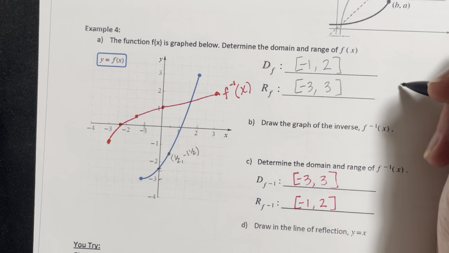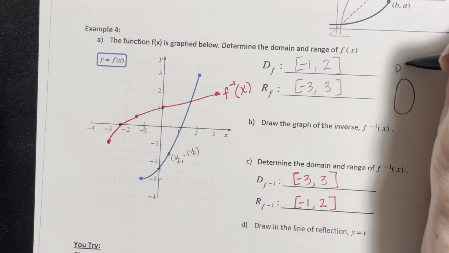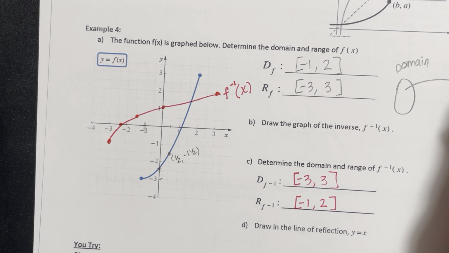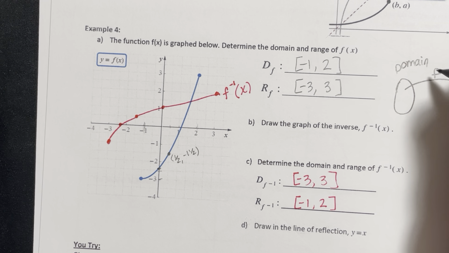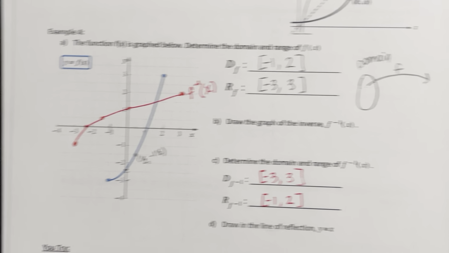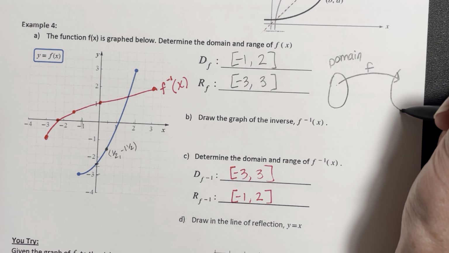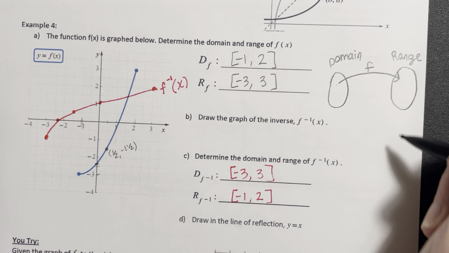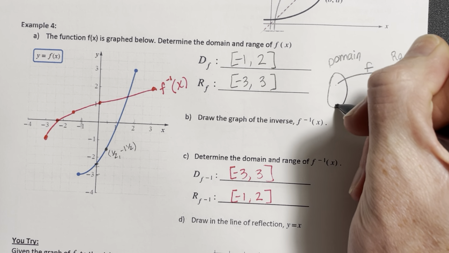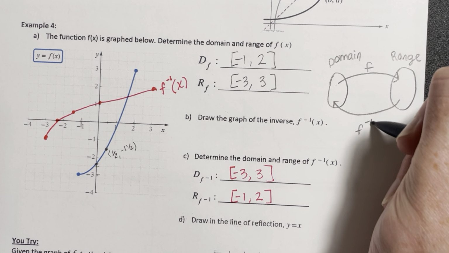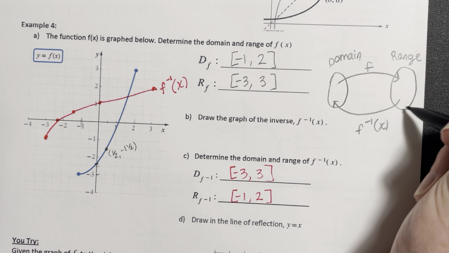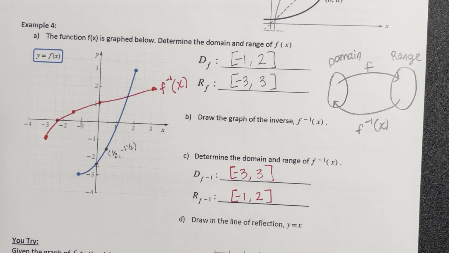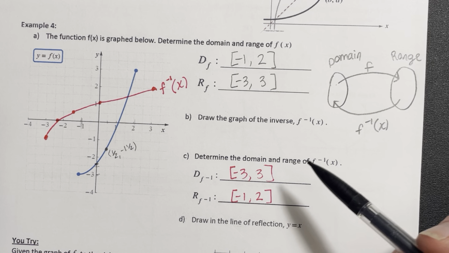And remember, that's because when we're looking at that mapping diagram, there is a function f that will map a domain to some output range. That means there's a unique inverse function, f inverse, that maps that range to the original domain.